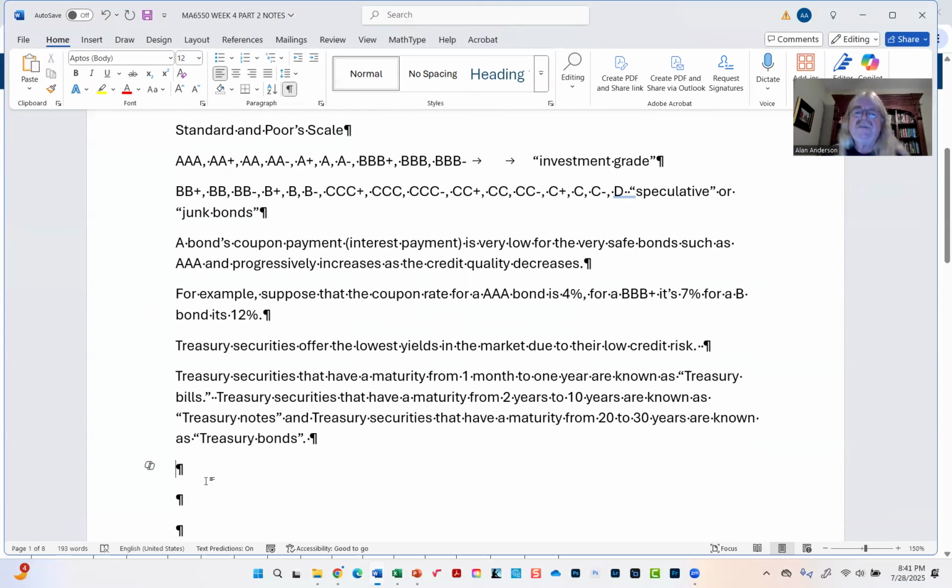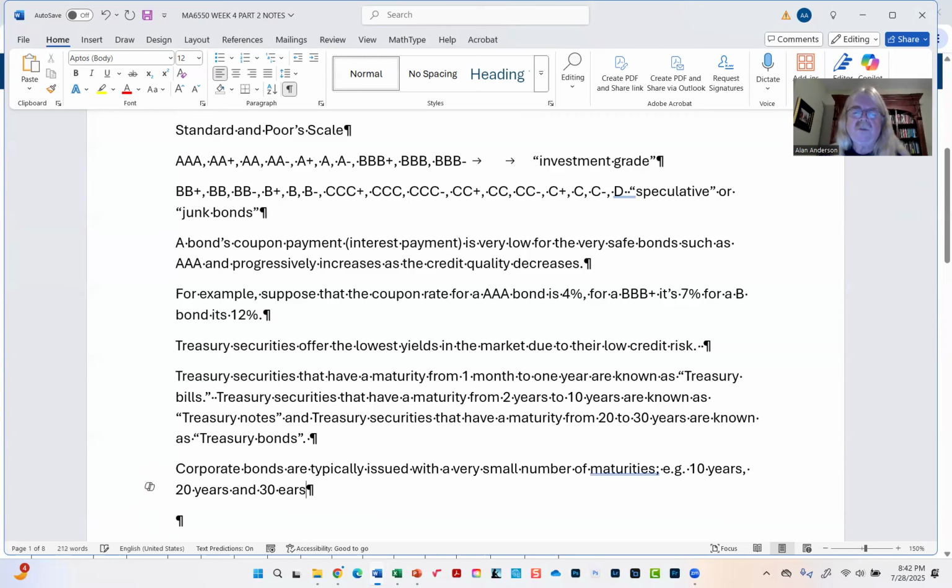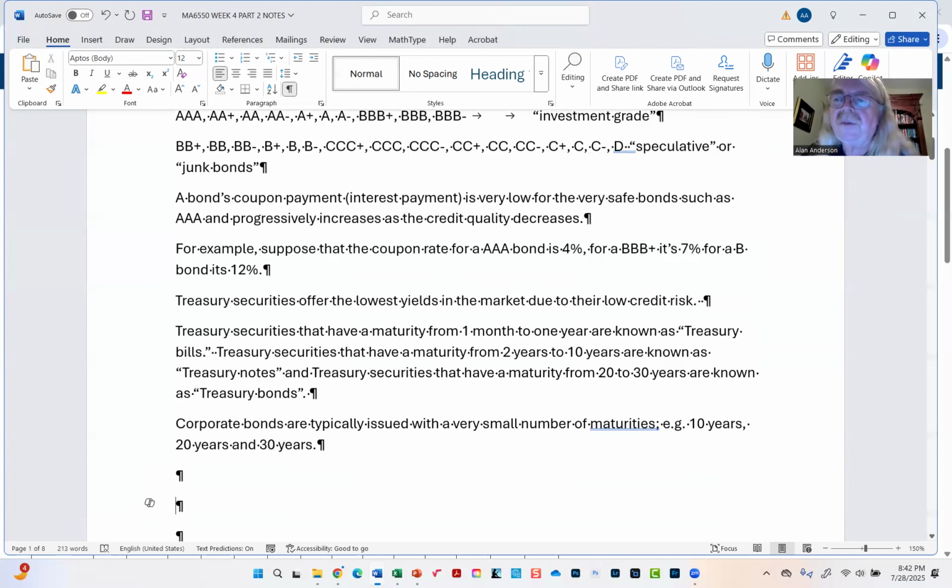Now, what's interesting here is that corporate bonds are typically issued with a very small number of maturities. Typically it's 10 years, 20 years, and 30 years, although there could be others. But these are normal for corporate bonds. So they're perceived as being very long-term investments, whereas the treasury market is different.